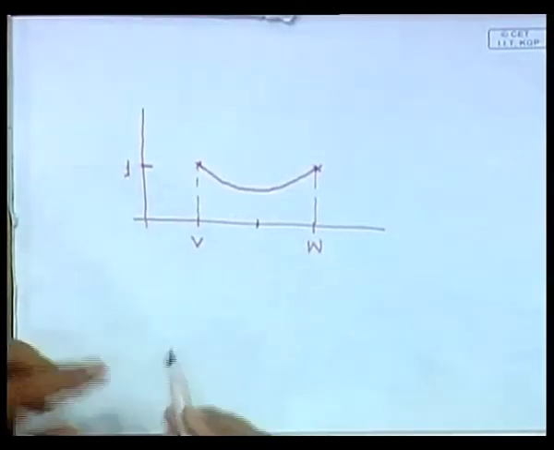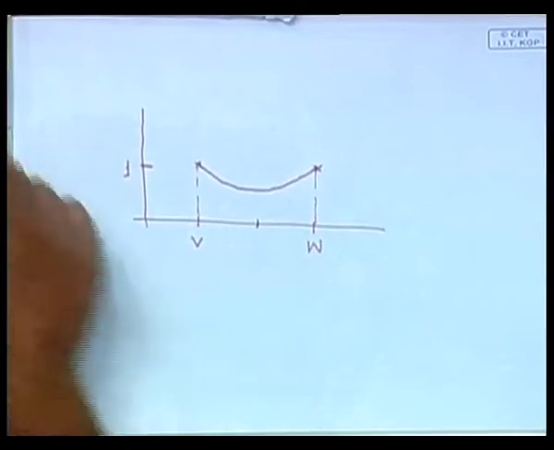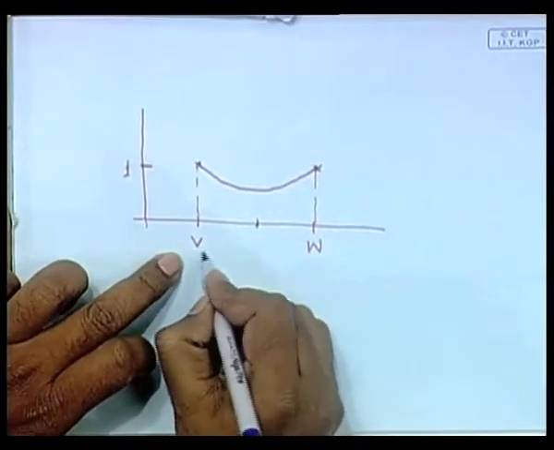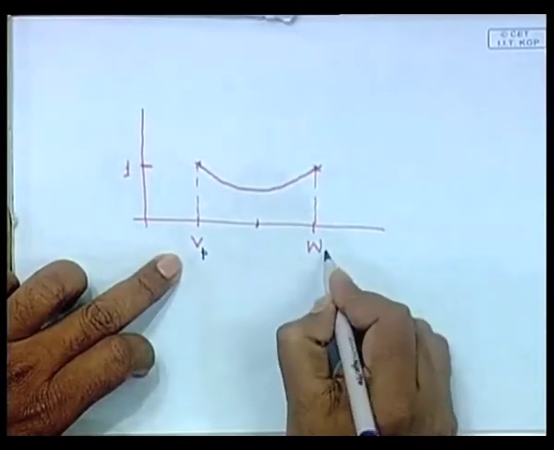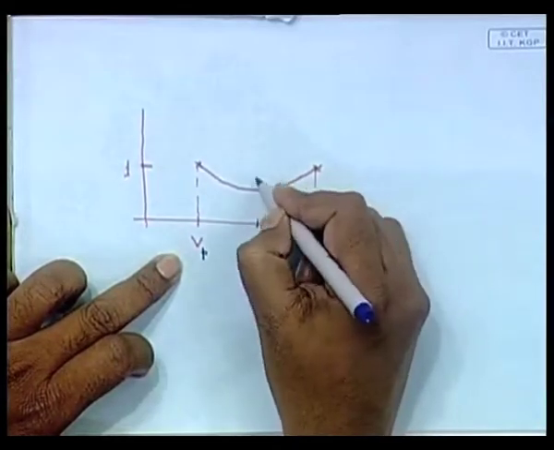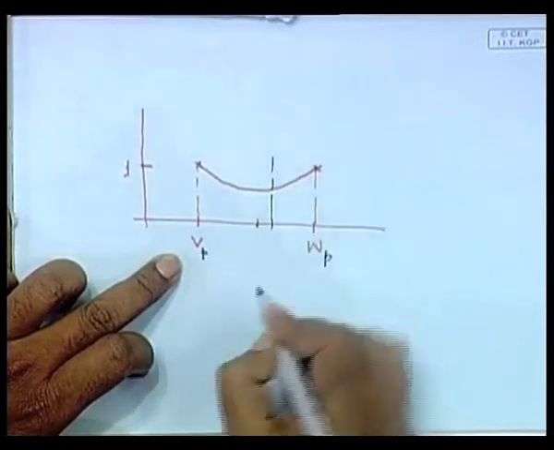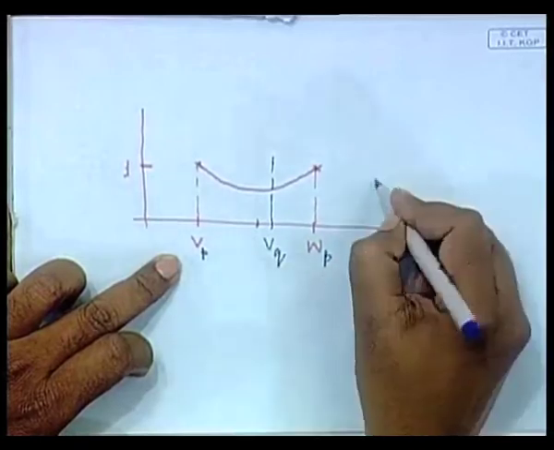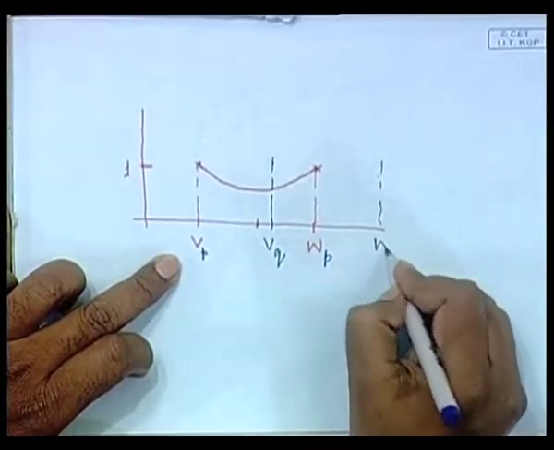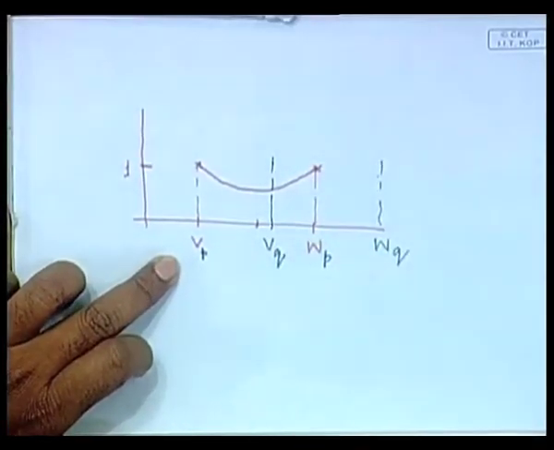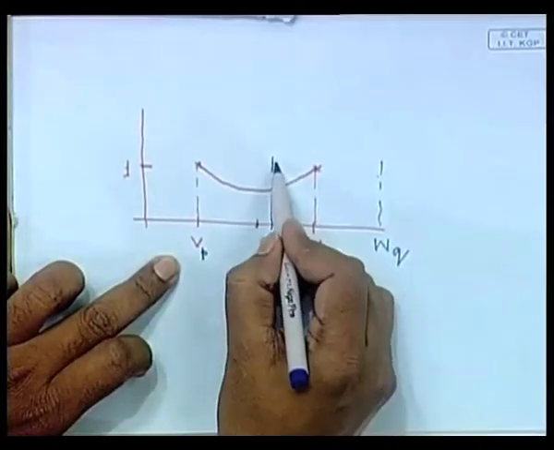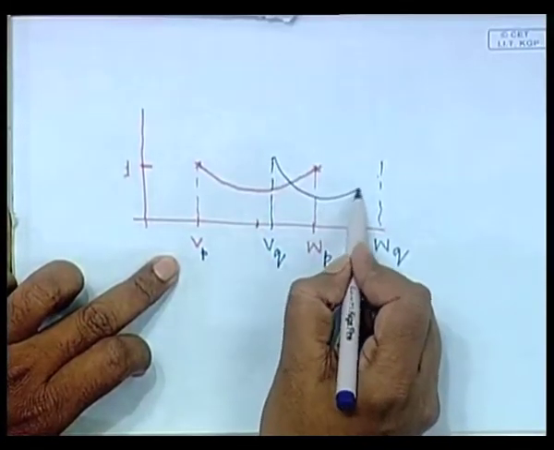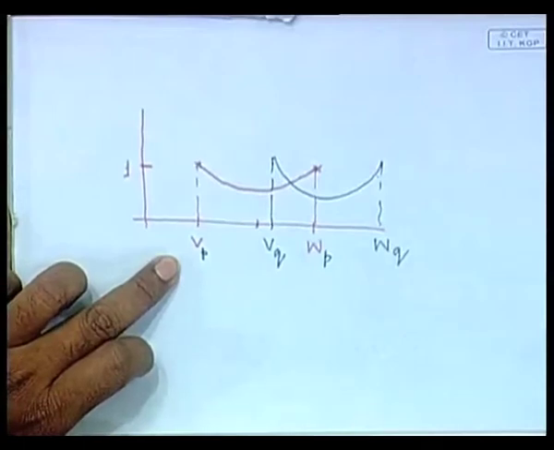Okay. Similarly, over here if I have another hyperbox, so this is V_p, W_p, and I have another hyperbox somewhere over here, V_q and W_q, which are overlapped. Okay. Here also the compensation values will vary in this form.